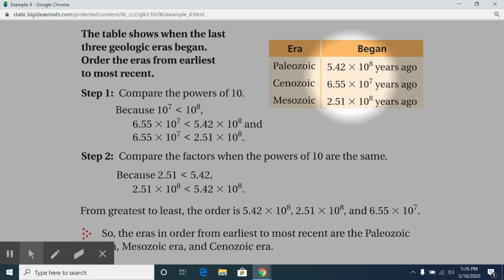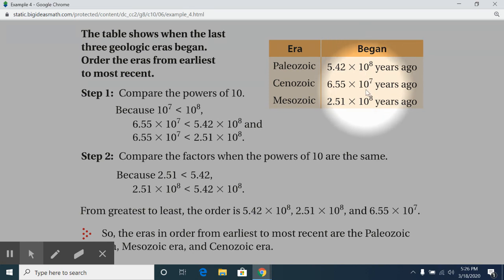So here's my thinking here. The lowest number has to be this one because I see two numbers written in scientific notation that have exponents of 8. Okay, since this has an exponent of 7, I automatically know that that number is smaller than those other numbers.